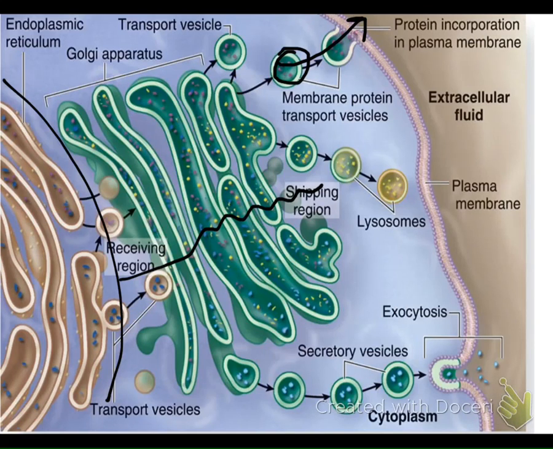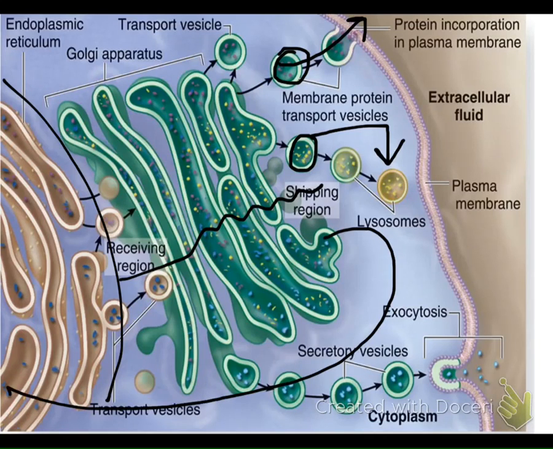Here you see that some of these proteins have been packaged into a particular type of organelle called a lysosome. That would also be true of some peroxisomes. What's not shown here is that some of these vesicles would actually travel back and perhaps go all the way back to the nucleus.